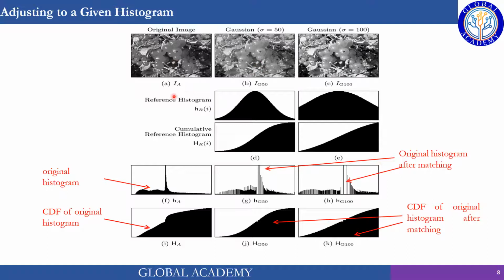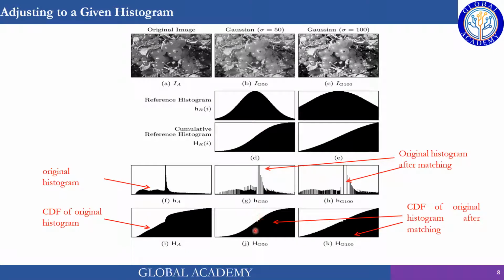So this was the original image, this is the histogram of the original image, this is the CDF, or cumulative distribution function of the original image, or cumulative form of this histogram. And we would like to match the histogram of this with this one, or the cumulative distribution of this one.